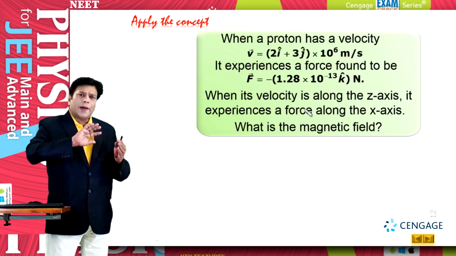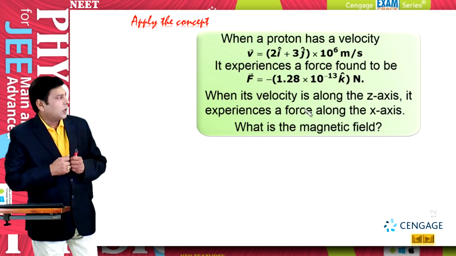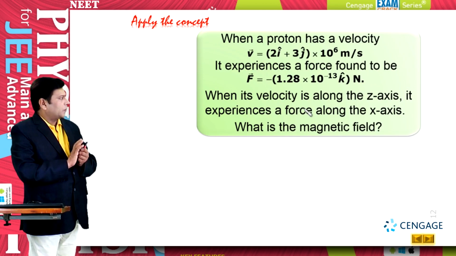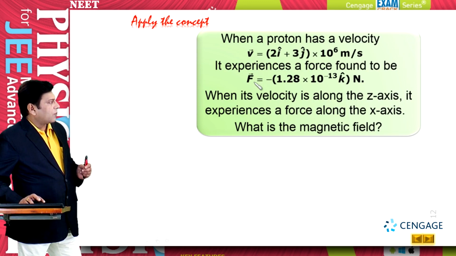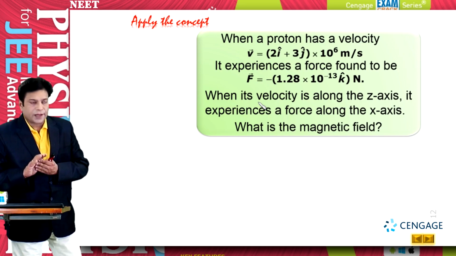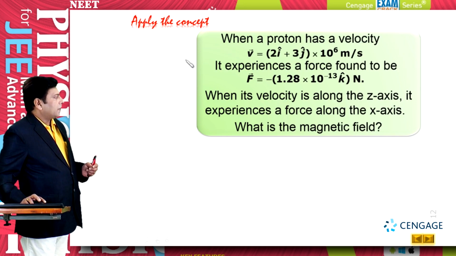You know, the direction of the velocity and force will keep on changing when the particle moves, but the direction and magnitude of the magnetic field will be constant. That means from these two pieces of information about the velocity and force, we need to find the direction and magnitude of the magnetic field. Correct?